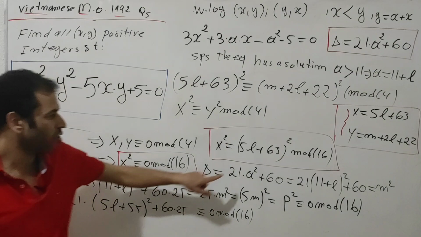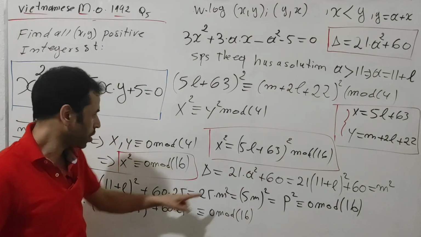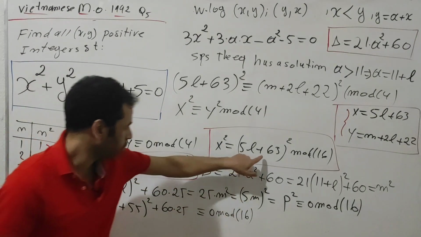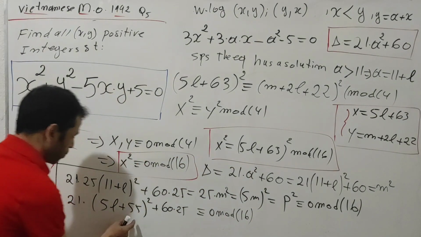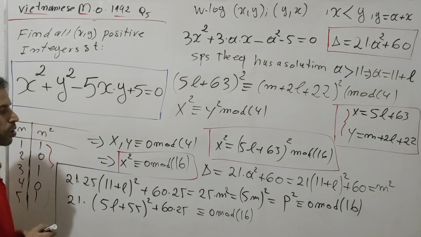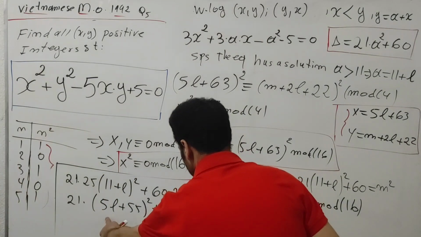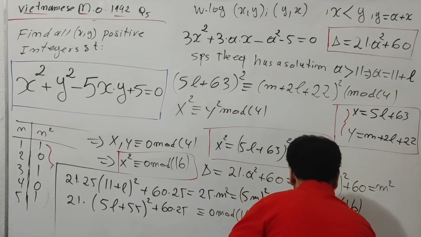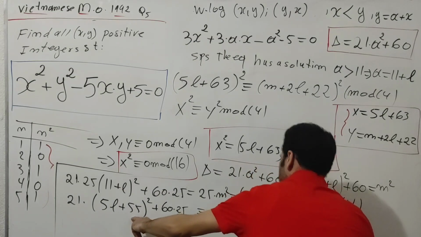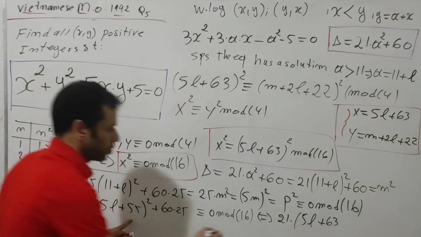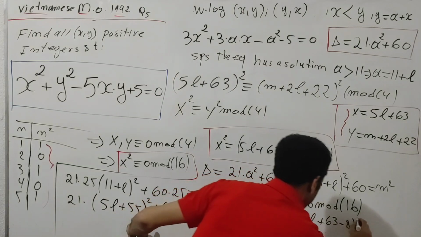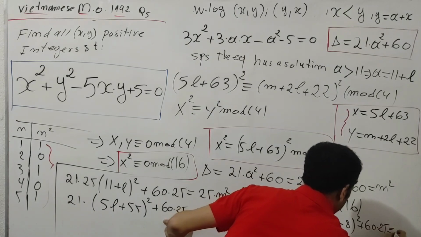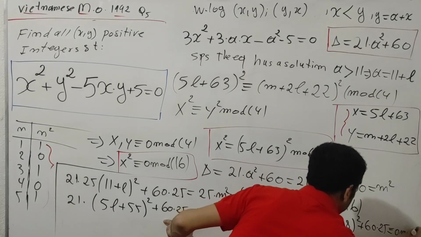This term looks similar to this one. The only difference is that we have 63 here and 55 there. So in order to get from here to here, I'm going to subtract 8. I'm going to put 21 multiplied by (5L + 63 minus 8) squared plus 60 multiplied by 25, congruent to 0 mod 16.